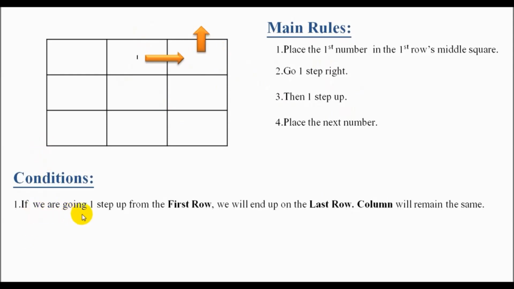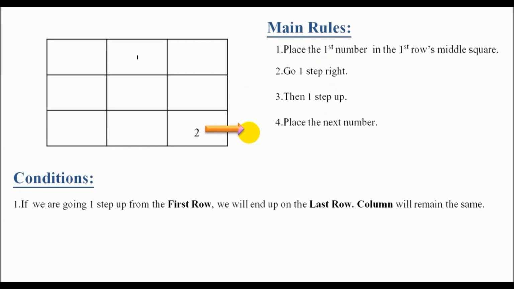If we are going one step up from the first row, we'll end up on the last row and the column will remain the same. So we are going one step up from the first row and we'll end up here on the last row and the column is remaining the same. So this is the place we are going to put our next number, that is 2, and again go one step right and we are leaving the column here.